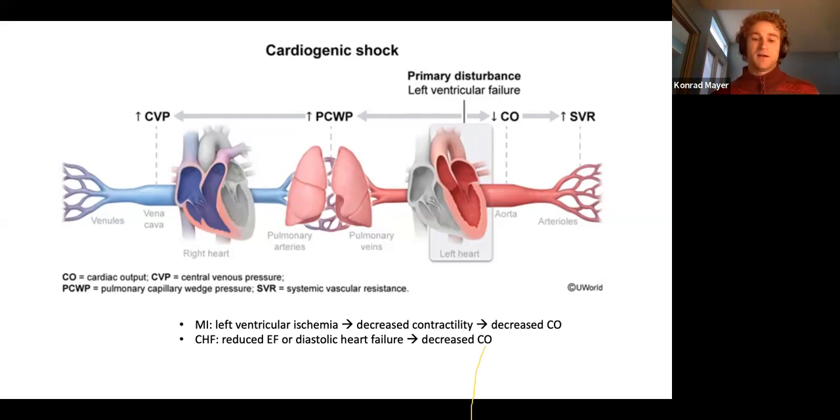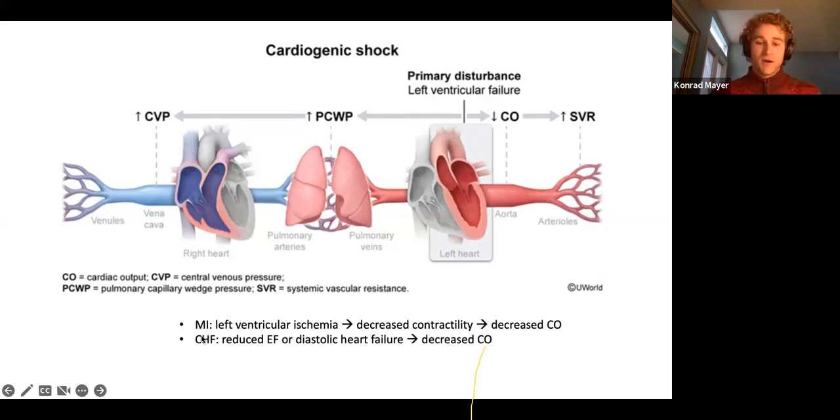And as I mentioned in my lecture on chronic heart failure, there are different forms, but if you have reduced ejection fraction or a diastolic heart failure, which means the left ventricle can hold less blood volume, the heart will pump out less. There's decreased cardiac output. So those are two examples of cardiogenic shock.